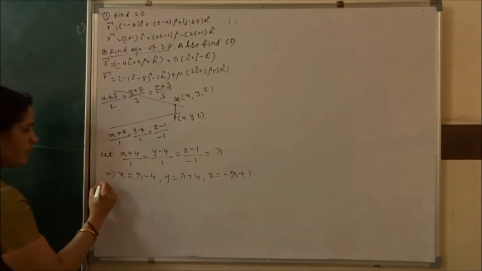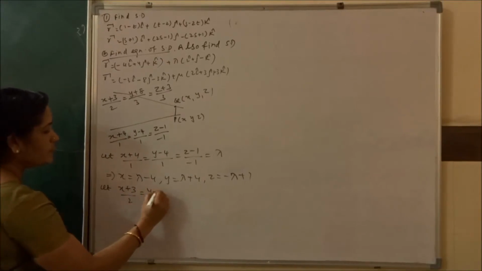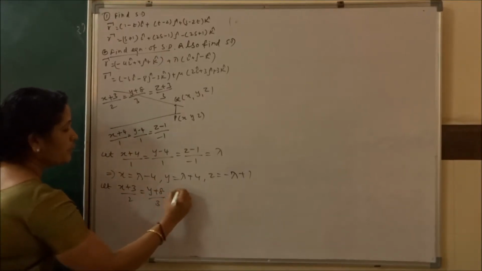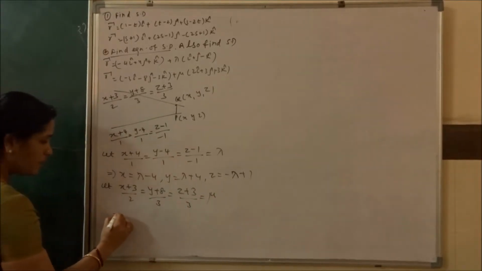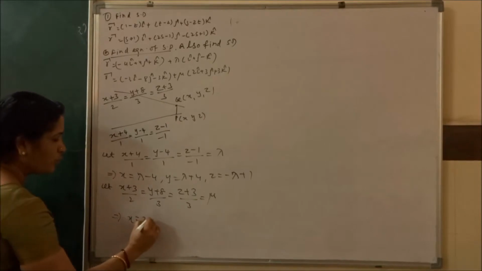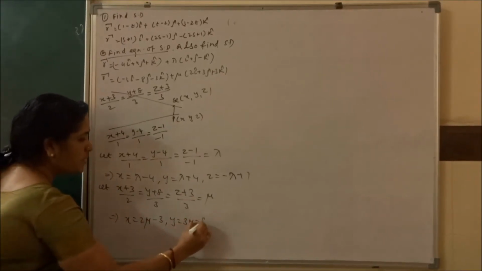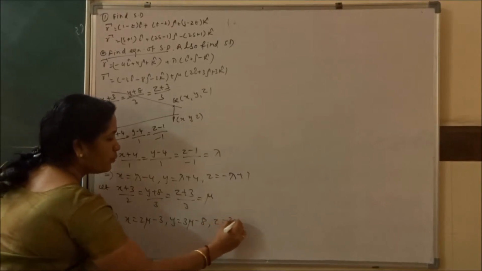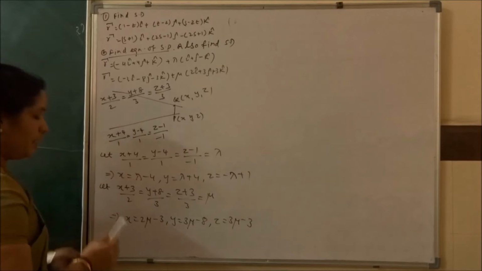Now I am taking another line and let (x plus 3)/2 equal to (y plus 8)/3 equal to (z plus 3)/3 equal to say mu. So this implies I am getting another point, which point? Q point, that is x is equal to 2 mu minus 3 and y equal to 3 mu minus 8 and z equal to 3 mu minus 3. Clear? So both points I got.